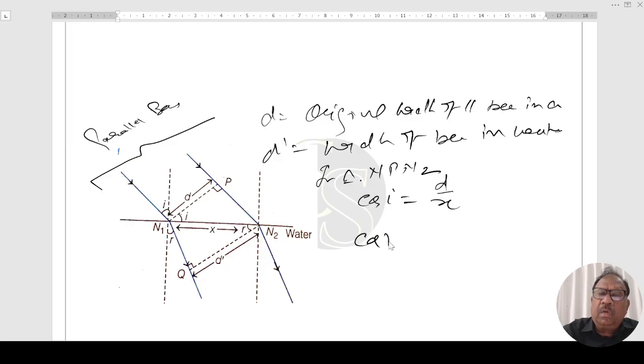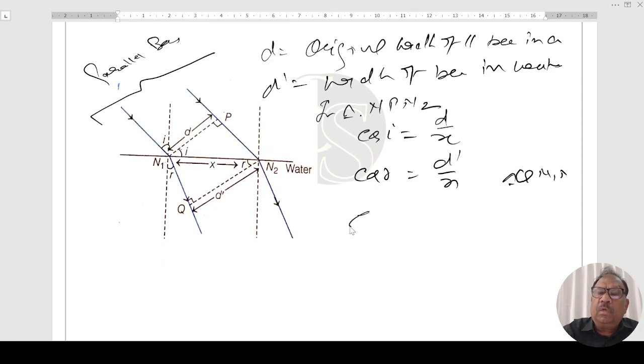And cos R in triangle N1, Q and 2 will be equal to d dash upon x. This is R, this is 90 degrees, base upon hypotenuse, right? So cos I upon cos R equal to d upon d dash.